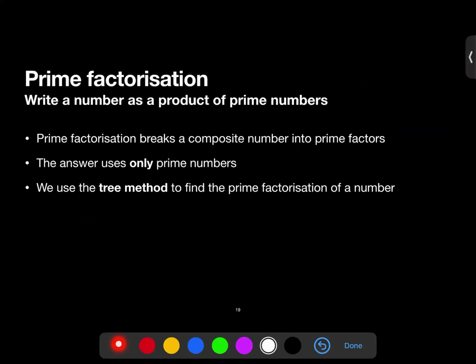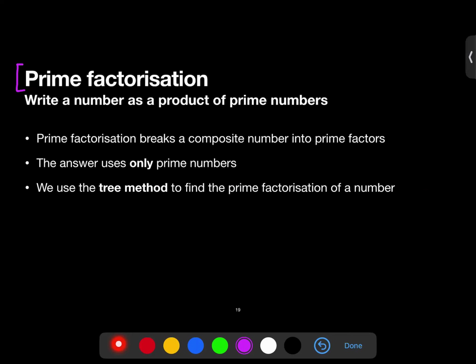So here is where we'll start to combine factors and prime numbers. So this is what we call prime factorization. It's when we write a number as a product of prime numbers only.